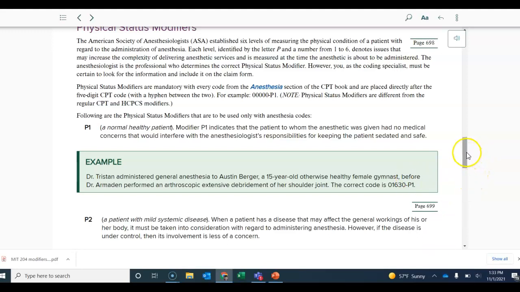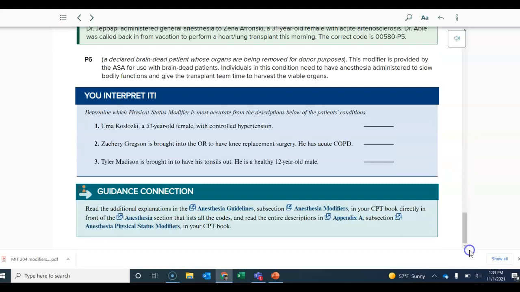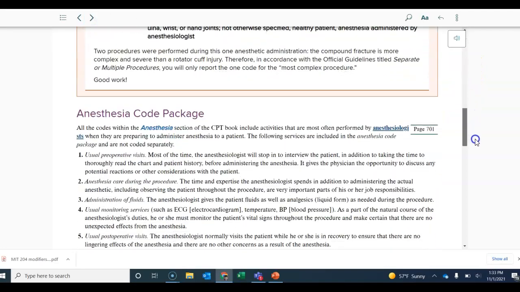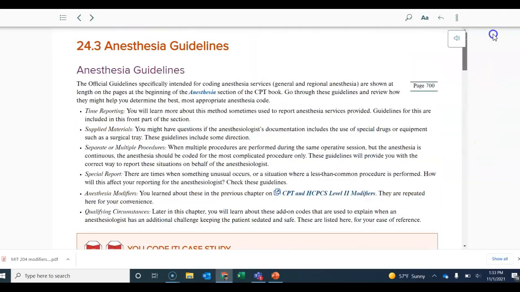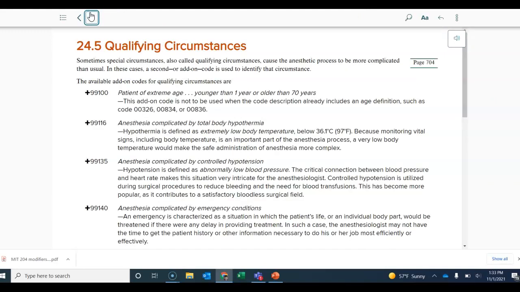Okay? Now, look over to that next column where it says qualifying circumstances. Okay? Now, these are optional. You may or may not have these with every patient. Okay? Let me find that in your book here. Here we go. Okay? So, you see the plus.